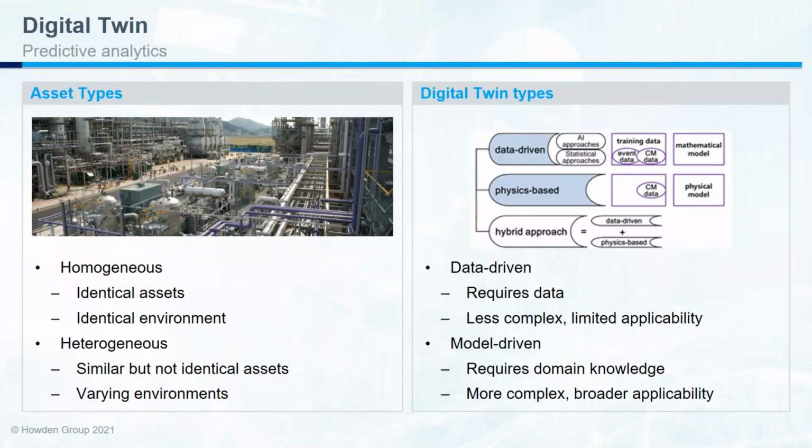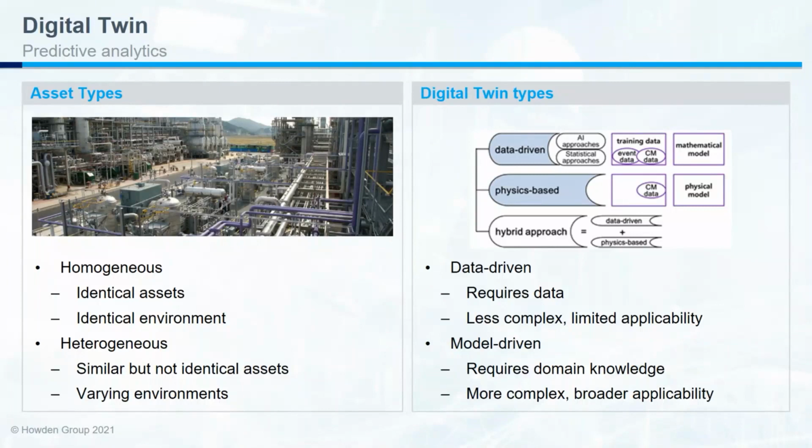On the right, I have made an overview: you have data-driven digital twins and the physics-based digital twin, which is based on OEM knowledge and event selection models, etc. And the best approach, which we already have in place for some of our assets, is the hybrid approach, where we use both data-driven and physics-based models to do the analytics.